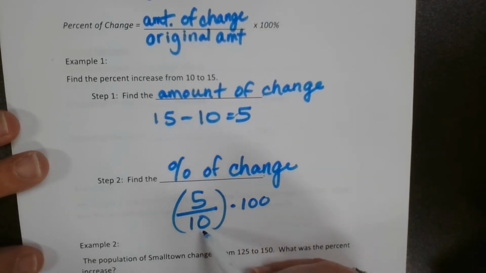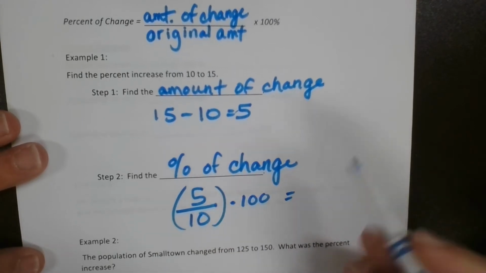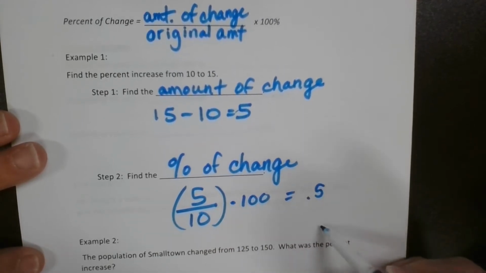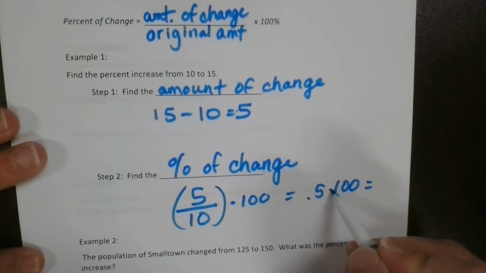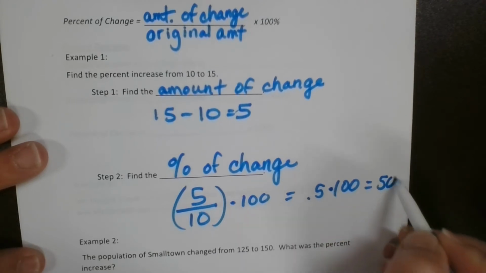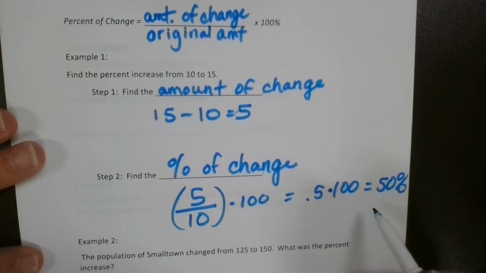So 5 divided by 10 on your calculator, you want decimals here, you're not wanting fractions, is 0.5. When I multiply that by 100, basically moving that decimal place twice to the right, I wind up with a 50% increase.